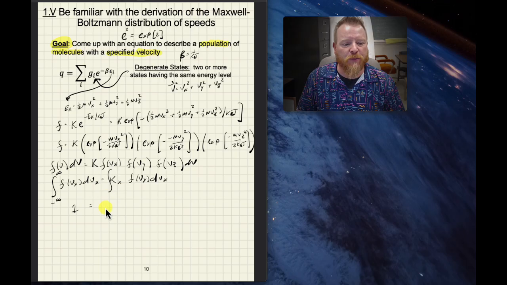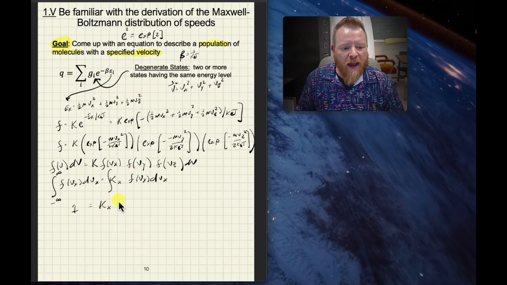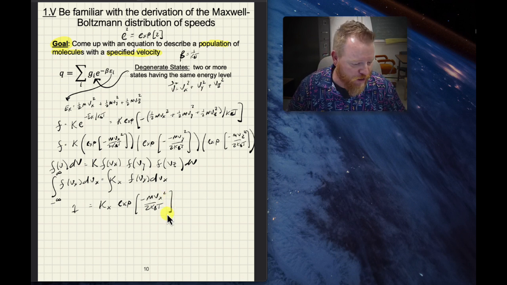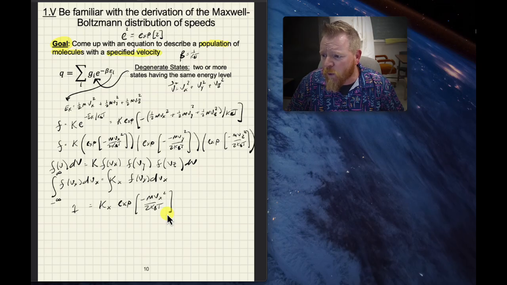And now I'm going to supply what we know from the other equations that we developed right here. So now we've got that kx component, and then we know the rest of that is going to be exp negative mvx squared over 2kBT. And of course, we could come up with the exact same expression for any one of these things.